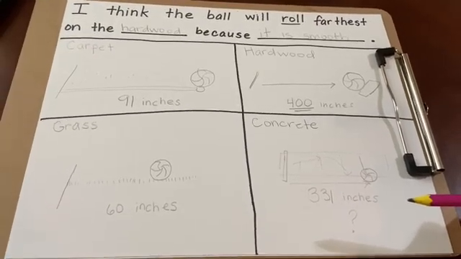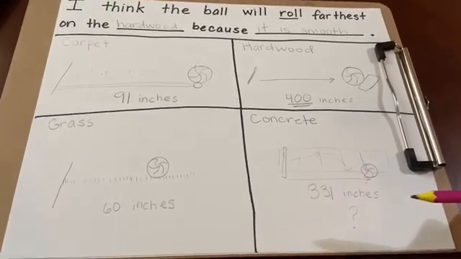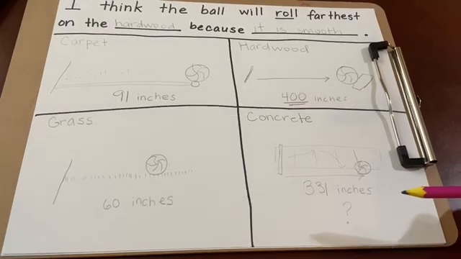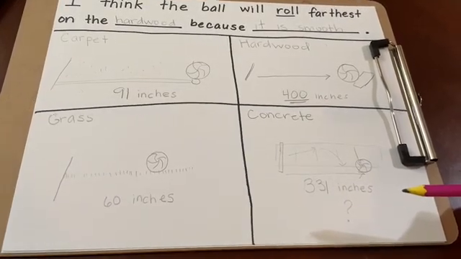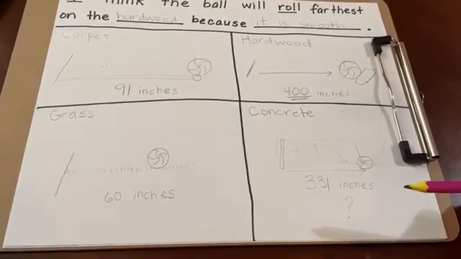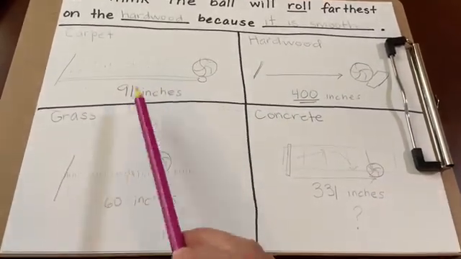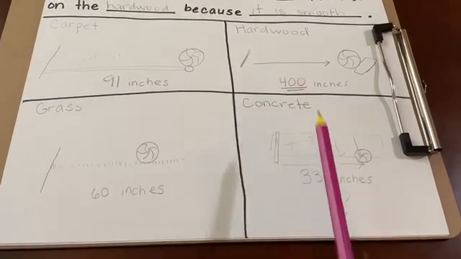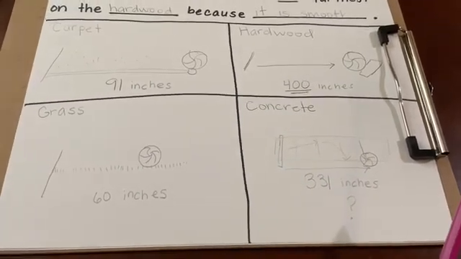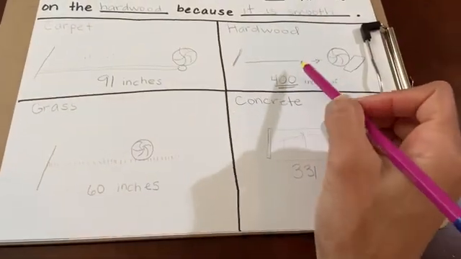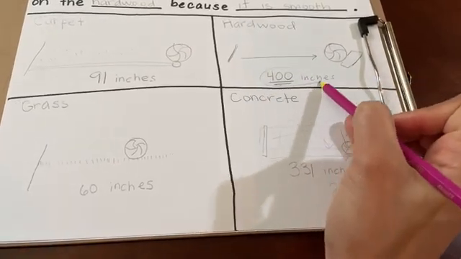So, can we answer a question? Which surface did the ball roll furthest on? You tell me. Which is the largest number of inches? Right, the hardwood. 400 inches.